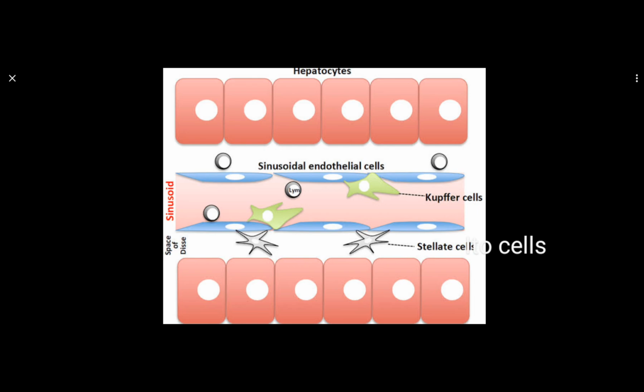In between the hepatocytes we have the blood capillaries that are known as sinusoids, and sinusoidal epithelial cells are here. In the lumen of the blood vessels, we will have Kupffer cells and lymphocytes. And the space between the sinusoids and the hepatocytes is called the space of Disse. In this space, the stellate cells or Ito cells will lie.